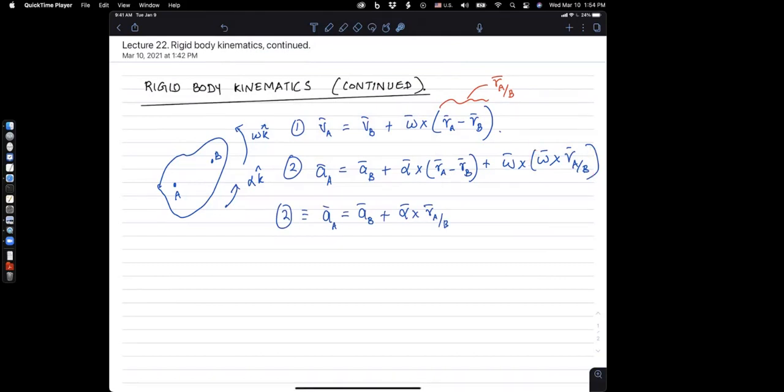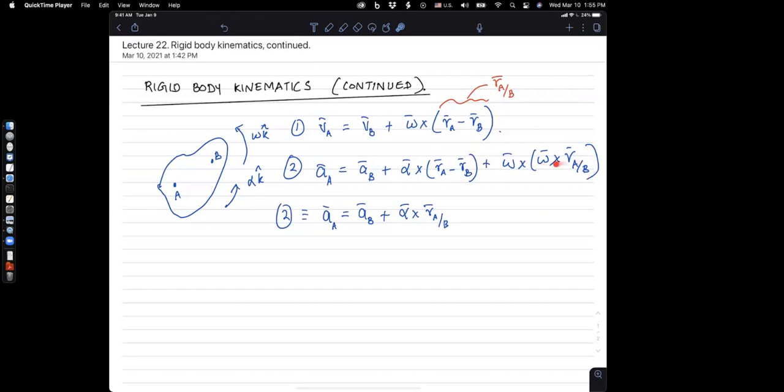You don't want to do omega cross omega first and then RA with respect to B, because omega cross omega will be 0.